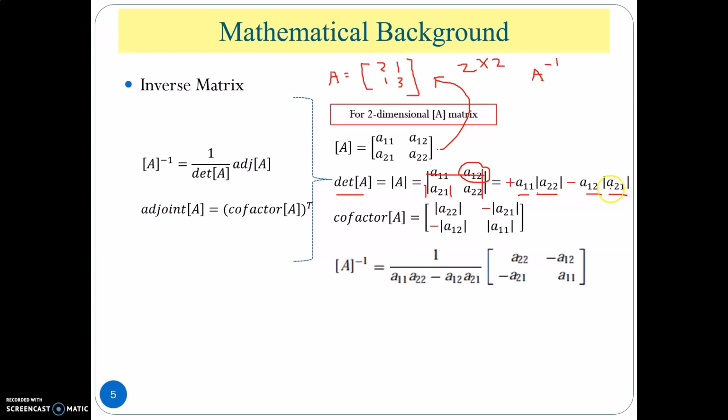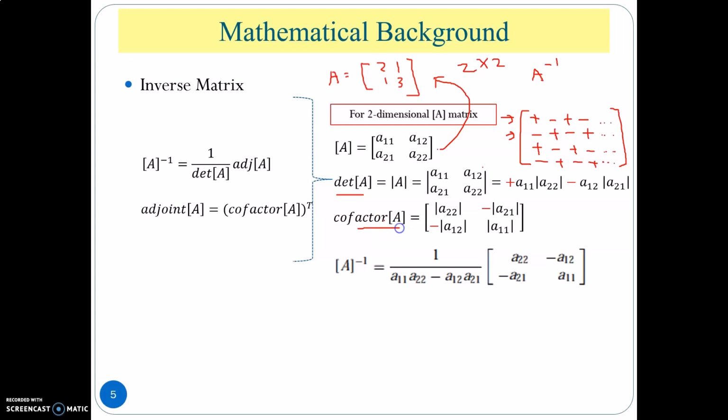So multiply this determinant with A12. And you have the positive, negative sign in front of it. This is the convention of the sign that we follow. For the first row, we are using plus, minus, and so on. For the second row, you have negative first, followed by positive, negative, positive, and so on.